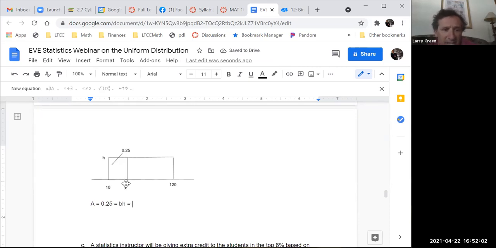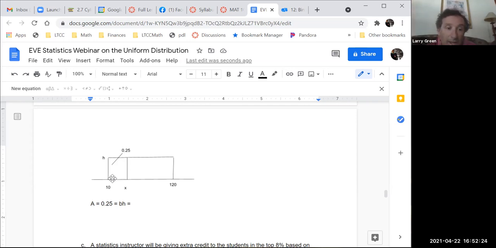What's B in this case? What's the base of this left rectangle? How do we come up with a base if it goes from 10 to X? Very simple, but you have to know how to do it. If you had to walk from here to here, how far do you have to walk?